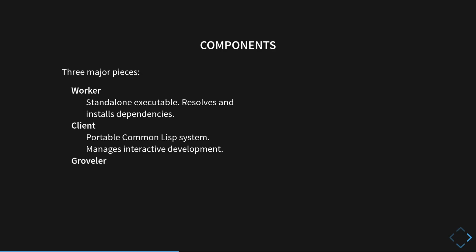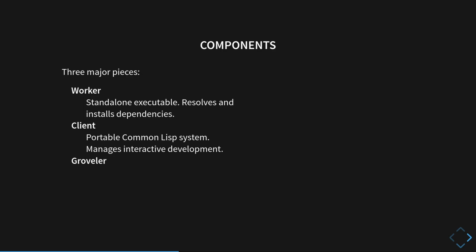Third is the groveler. This is an internal component of CLPM that users should never need to interact with directly. It is responsible for extracting system dependencies and metadata from local projects or releases directly from VCS. One of the, we'll call it features of ASDF systems, is that even loading a system definition can result in the execution of arbitrary code.